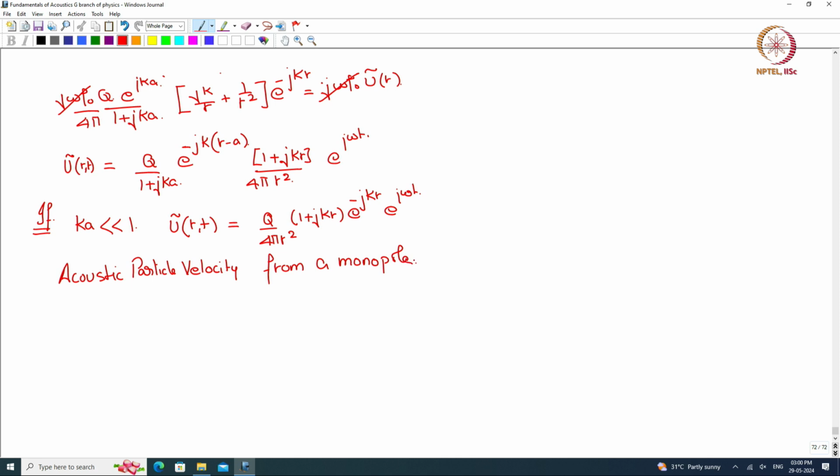And let me just write down the pressure that we may have forgotten. P tilde of r comma t from a monopole is j omega rho 0 q by 4 pi r e to the power minus j k r.